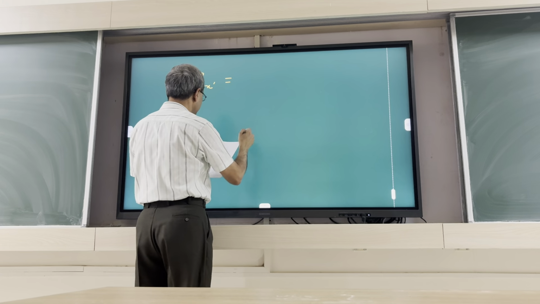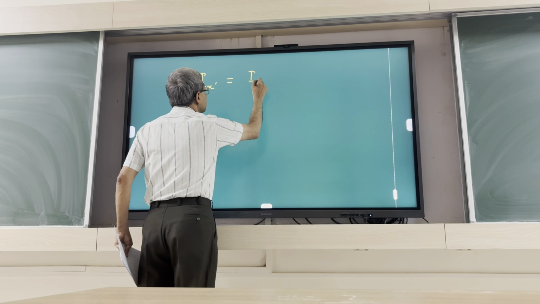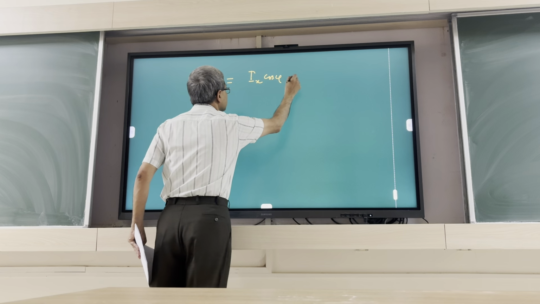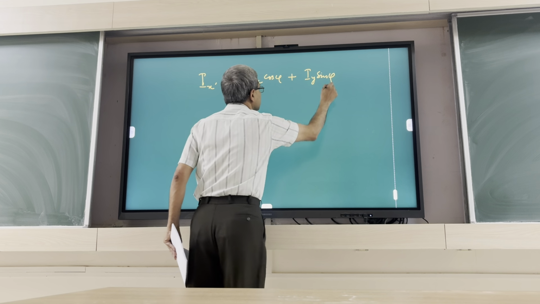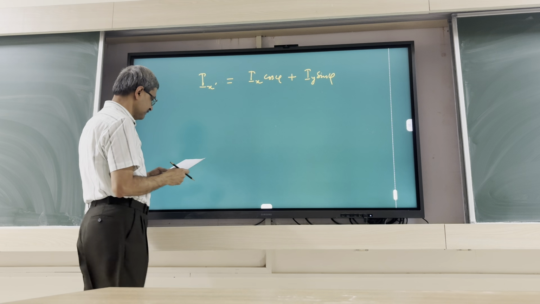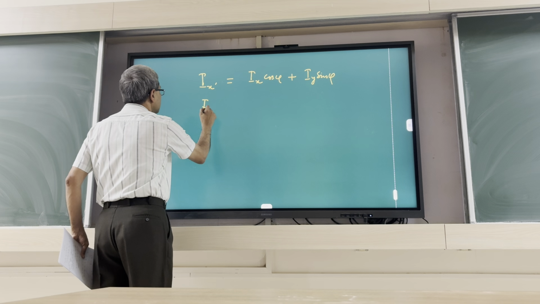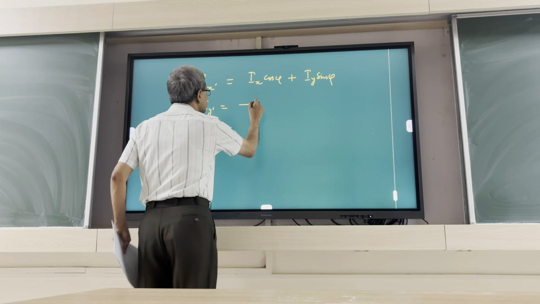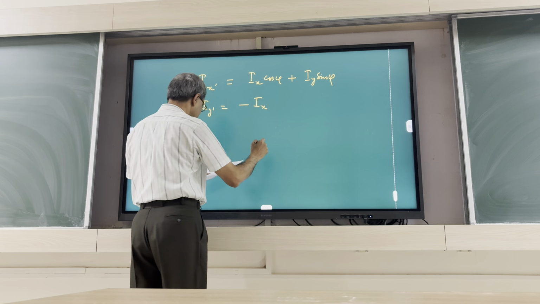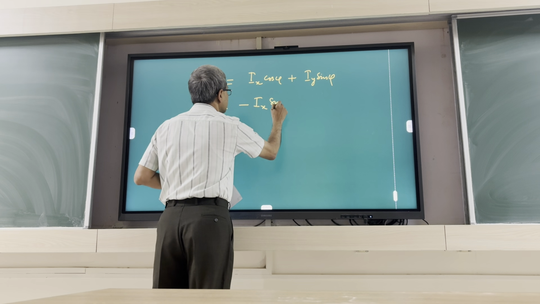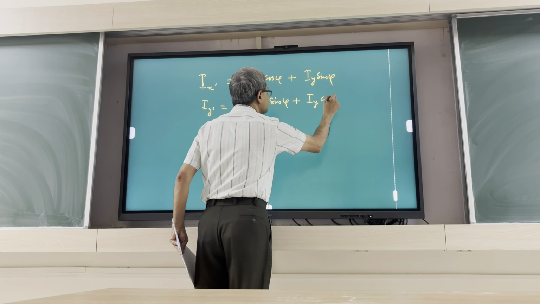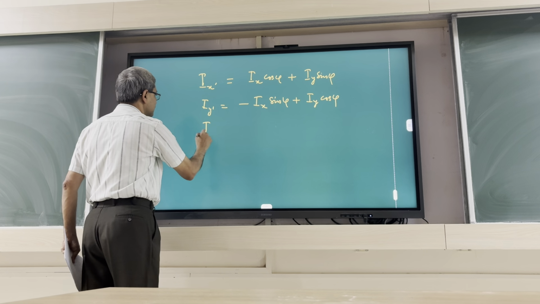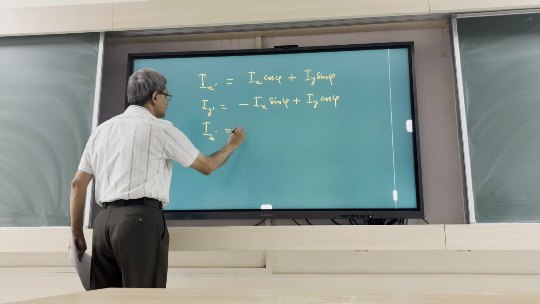So what we got finally was Ix prime equals Ix cosine phi plus Iy sine phi. Likewise, Iy prime is minus Ix sine phi plus Iy cosine phi, and the Iz is unchanged, because you're going around the z axis.